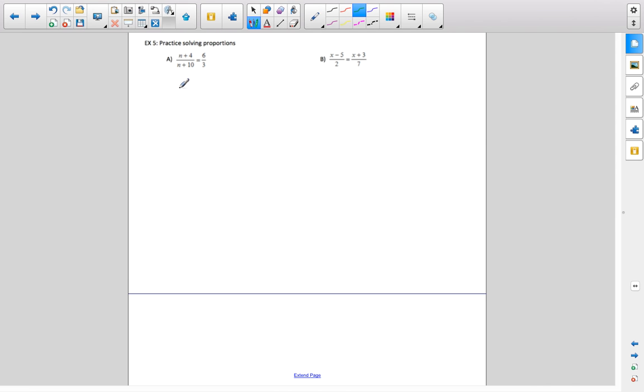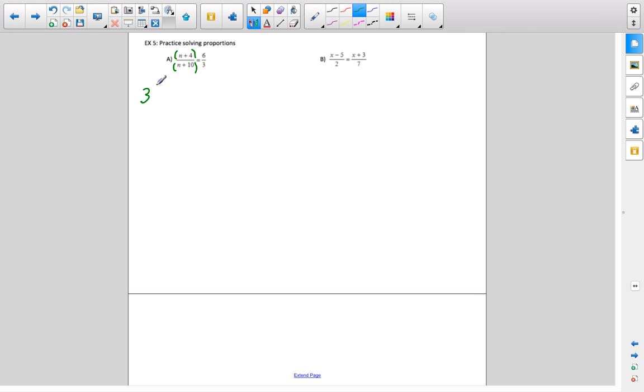Okay, now we're actually getting into the nitty-gritty here. We're going to do some problems. It may help you, so let's put parentheses when we have more than one term in the top or the bottom of the fraction. It can help us remember what we're going to do here. So 3 times this quantity equals 6 times the denominator over here.